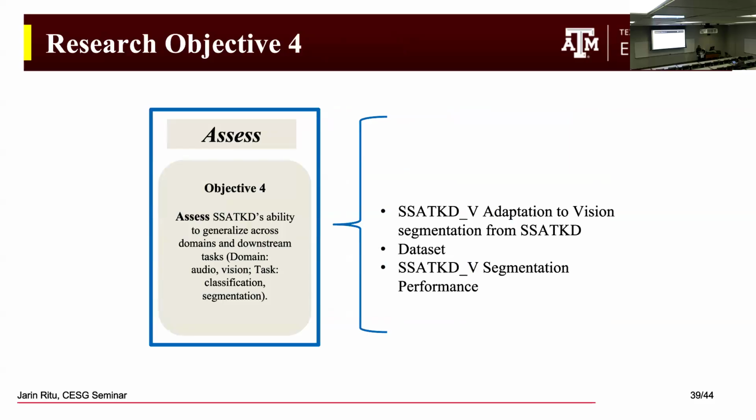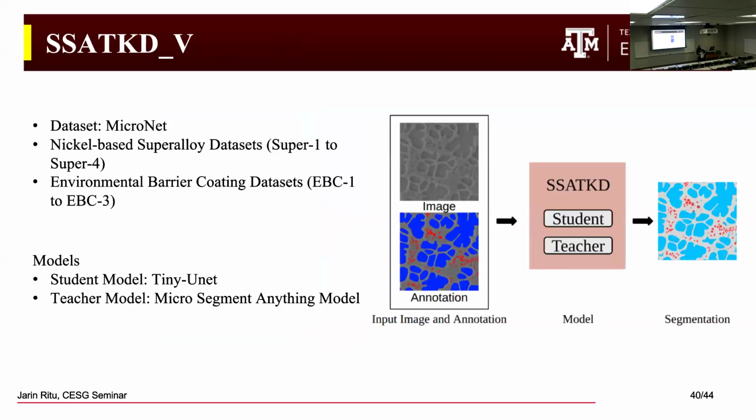So the last objective of my work was to assess its generalizability in a different domain. So till now I worked with audio data and did classification tasks. Now I will use the same framework to do a vision task, which is segmentation. For the segmentation, I chose the MicroNet dataset. It's a scanning electron microscopy dataset.